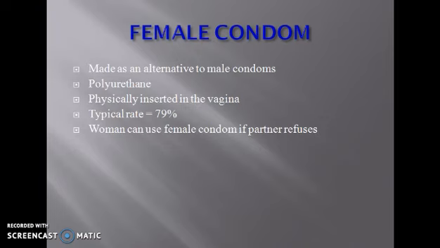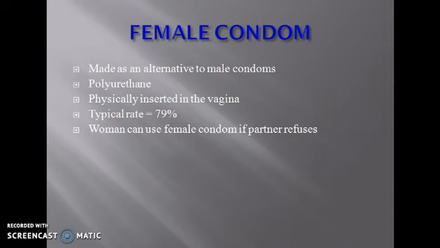Now let's look at the female condom, made as an alternative to the male condom. Just like the male condom, only it is used by the female, and it contains polyurethane in its structure, and this can be physically inserted in the vagina.